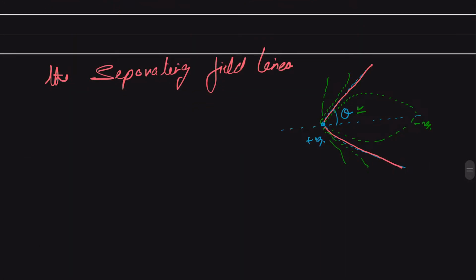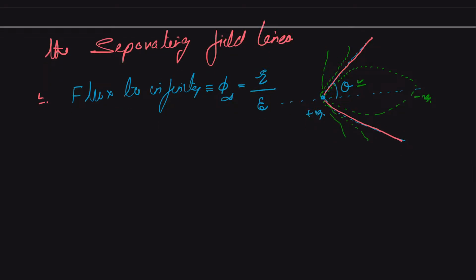So we have our Gaussian surface, and the flux to infinity, which we denote as phi infinity, is equal to q upon epsilon naught. We can also find the flux through the cone, which is also q upon epsilon naught.